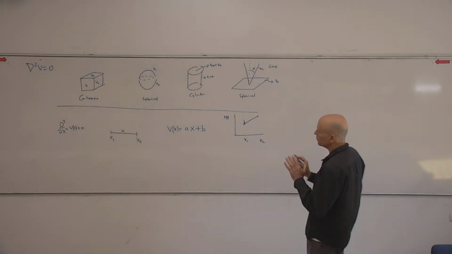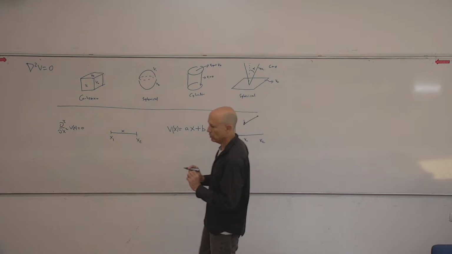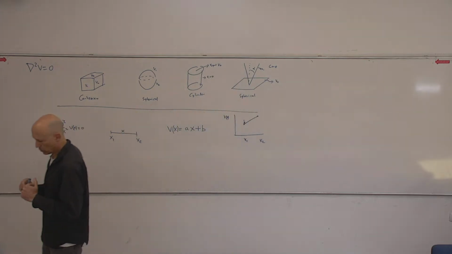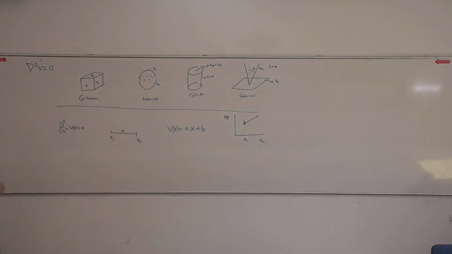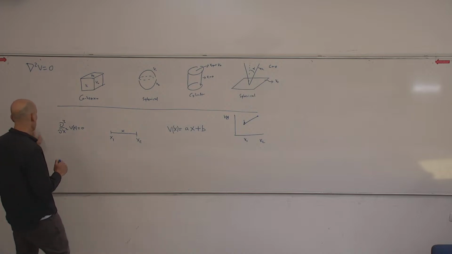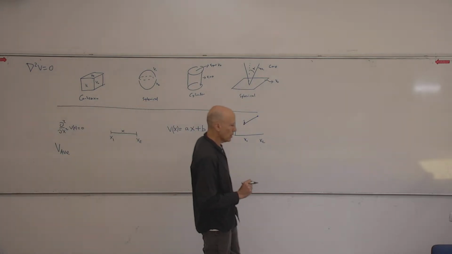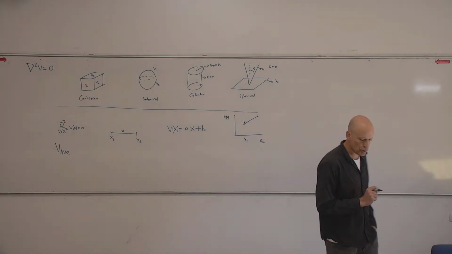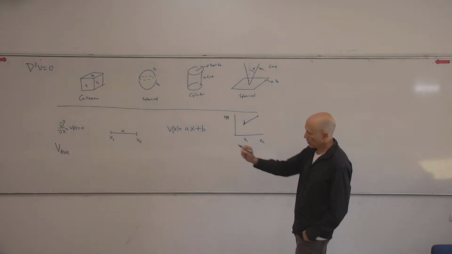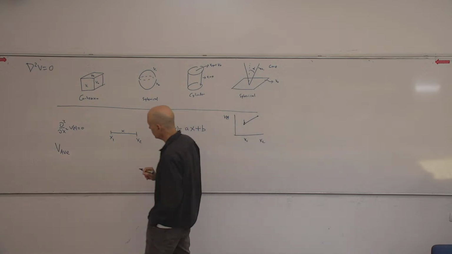And I'm going to connect it to a second mathematically interesting concept. And that is the following, in this case trivial one. I want to define V average. What is V average? I'll define it, but it is the average potential.